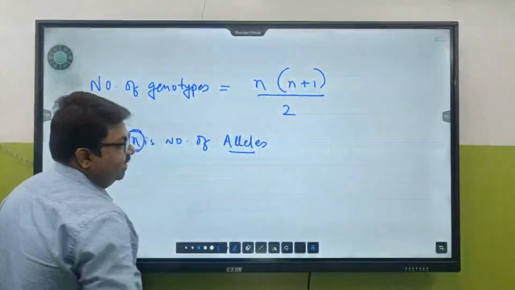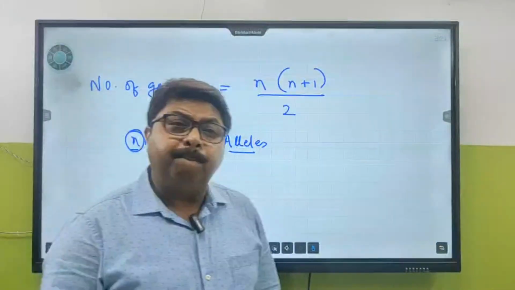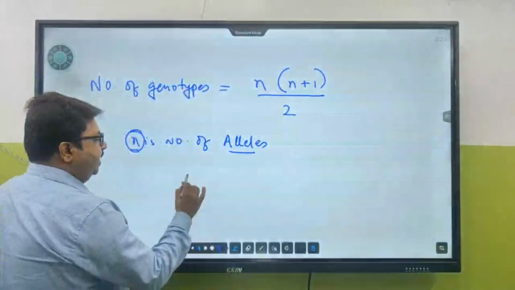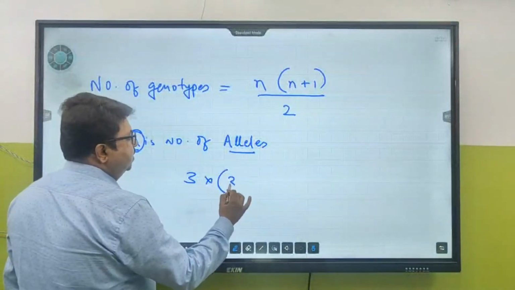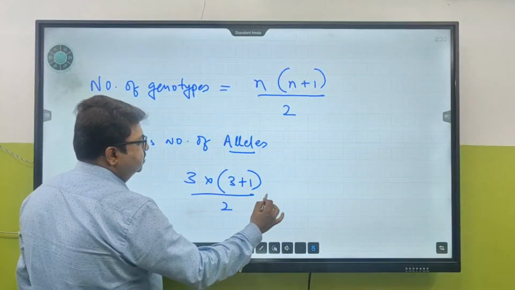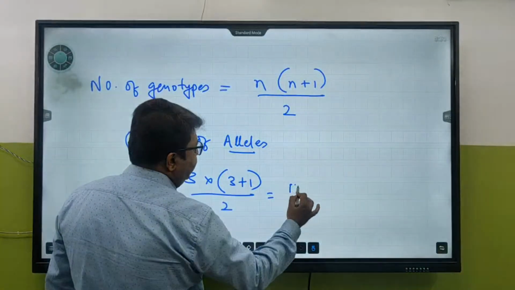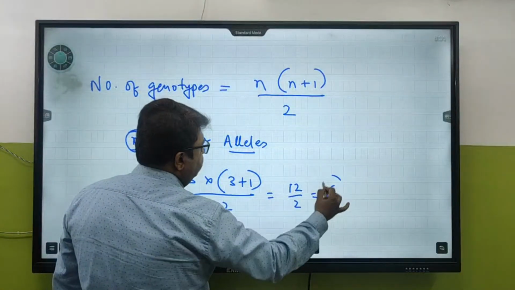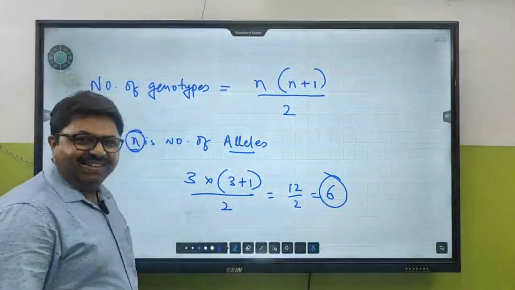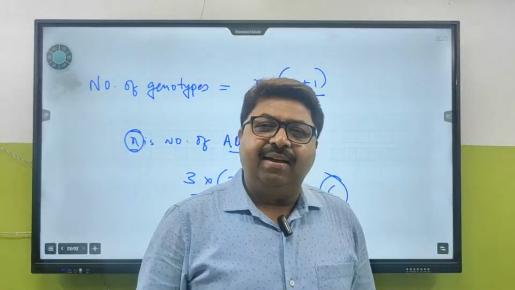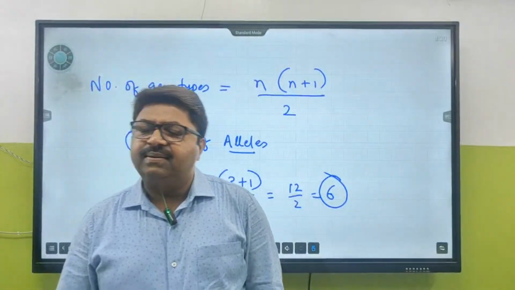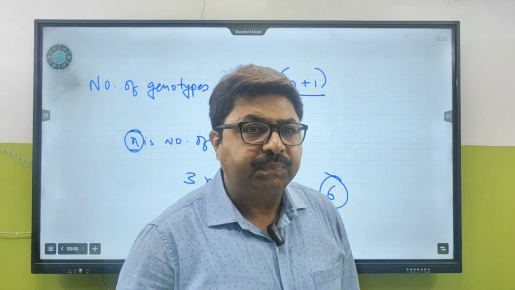So how many alleles are there in blood grouping? 3 alleles. So 3 into 3 plus 1, by 2. 4 into 3, 12 by 2. So how many genotypes? 6 genotypes are required to express the blood grouping. Is this clear? This is very, very important.